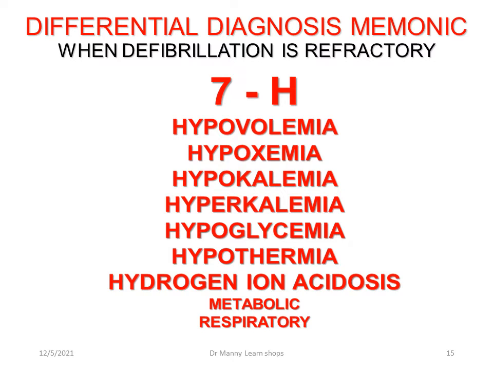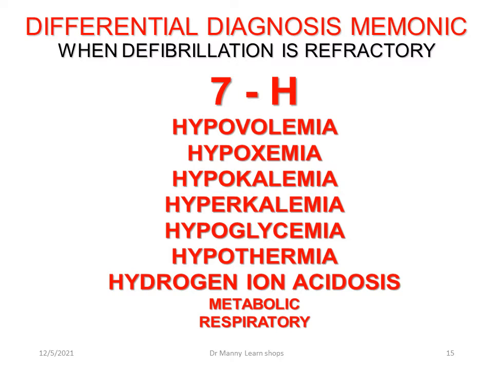When we come to differential diagnosis, this is a great mnemonic to remember. And this is what you consider during the cardiopulmonary resuscitation, when defibrillation is refractory, which means it's not working. You're shocking the patient and they are still going back into VT or VF. It's refractory. So you have the 7 H's.